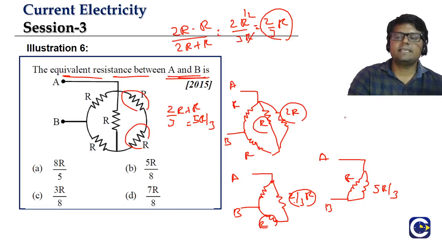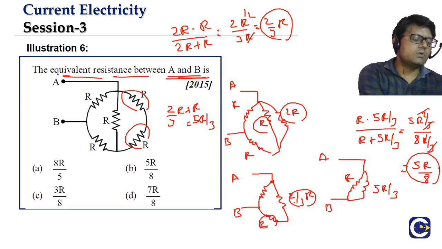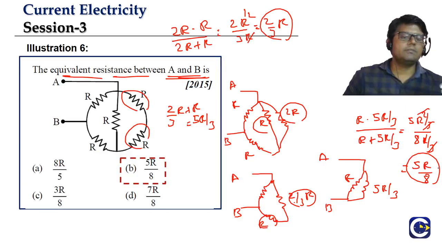So R into 5R by 3 divided by R plus 5R by 3. Totally it is 5R square by 3, divided by the denominator, 8R by 3. So 3 will be cancelled, R is cancelled. So the final answer is 5R by 8. So the equivalent resistance between A and B will be 5R by 8.